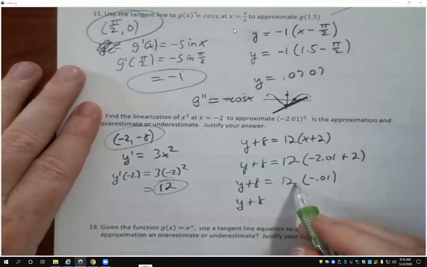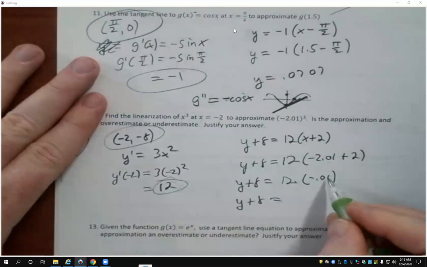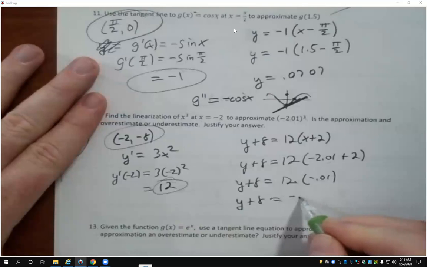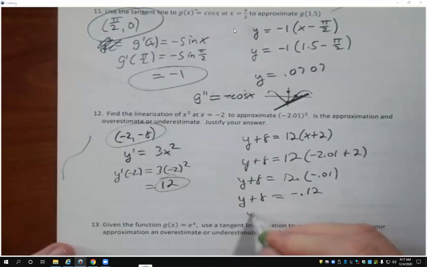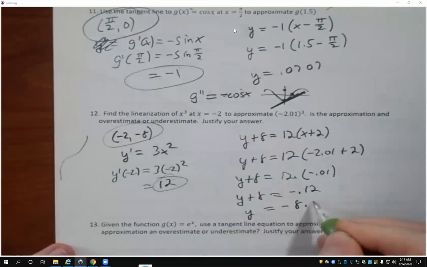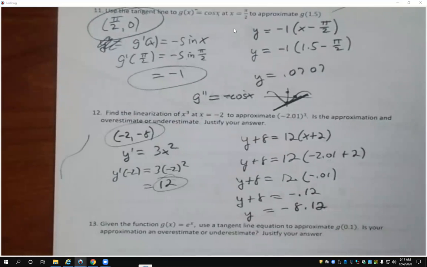We're moving this decimal 2 places to the left, and since we're multiplying by a negative, it's going to be negative 0.12. Agree with that? Now we're going to subtract 8 from that, and we're going to get negative 8.12. We're estimating that negative 2.01 cubed is negative 8.12.